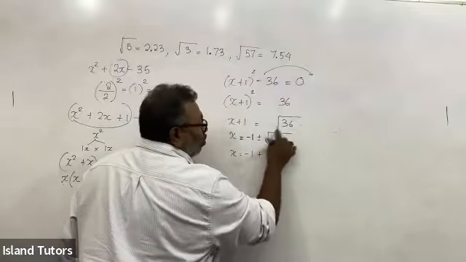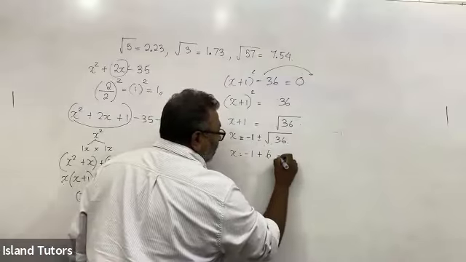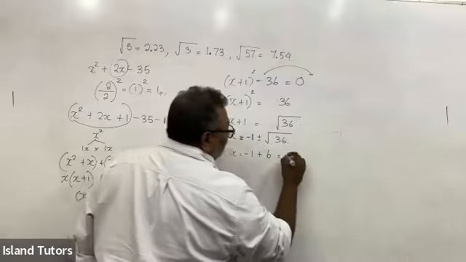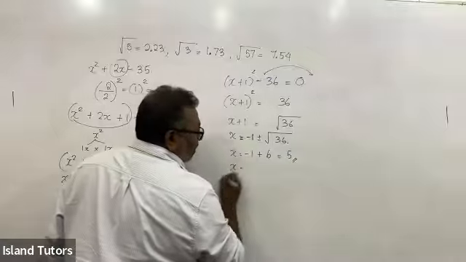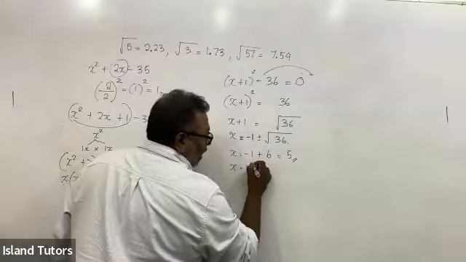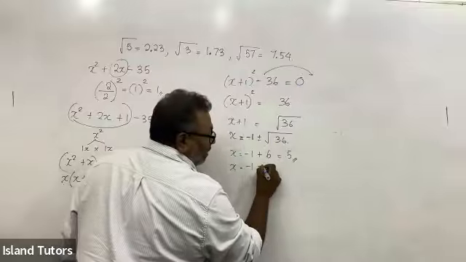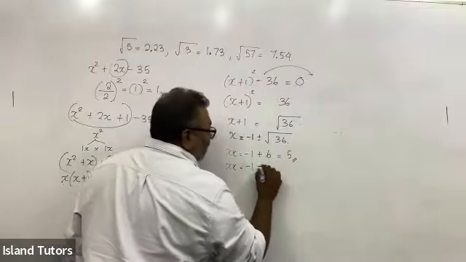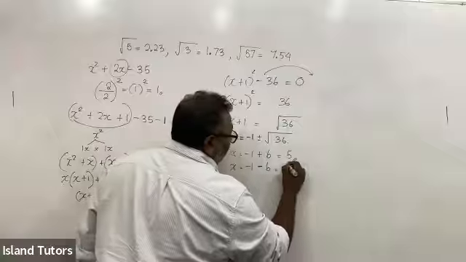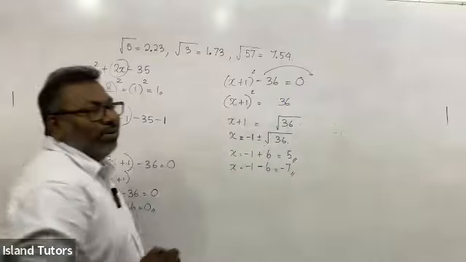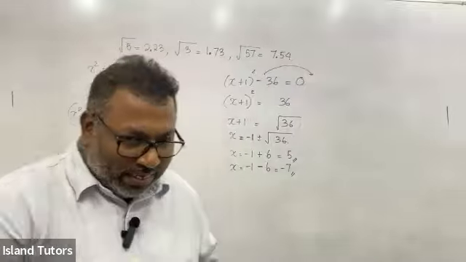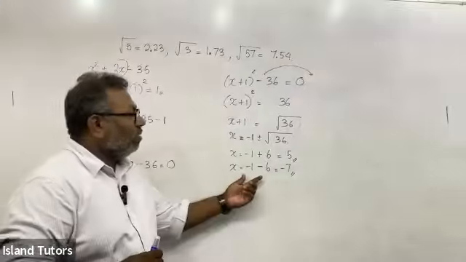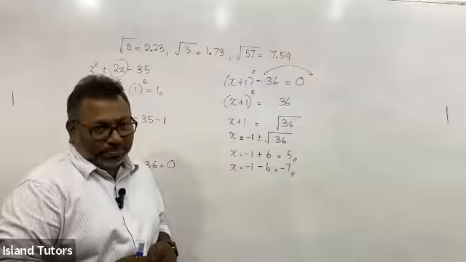So plus: minus 1 plus 6 is plus 5. Or x is equal to minus 1 minus 6, so minus 7. So plus 5 or minus 7 will be your answer.